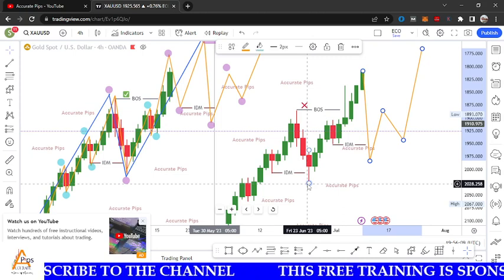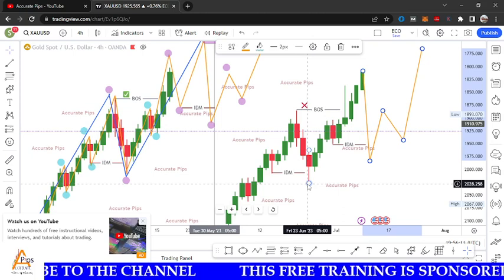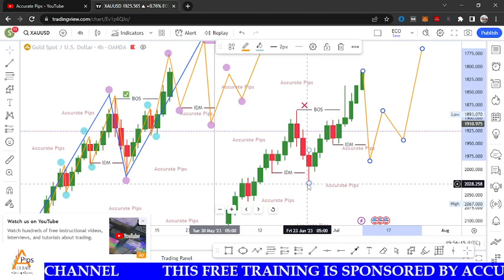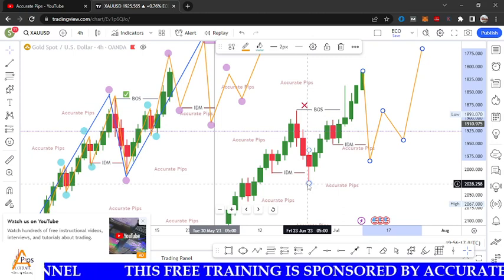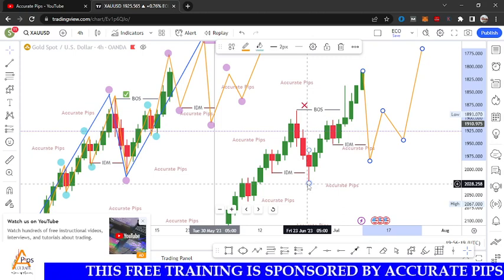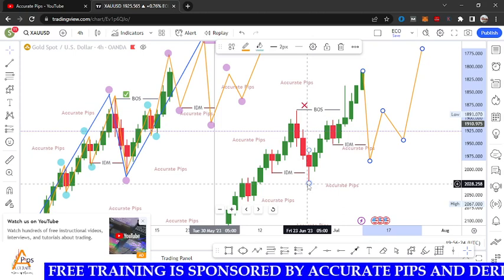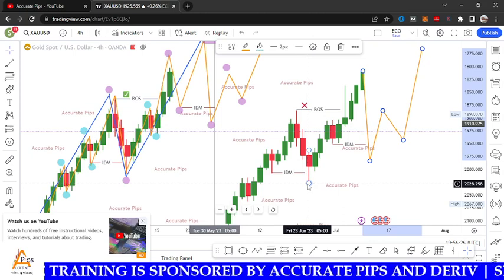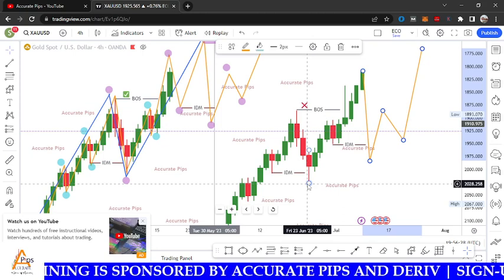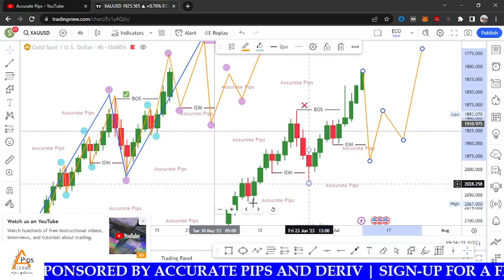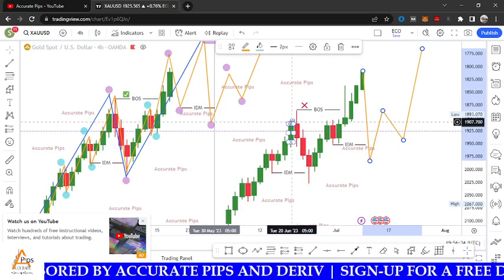And when we talk about the corrective moves or pullback, as we call it, some people also call it retracement, then we are looking at a move in a short period of time where price tries to move opposite to the direction of the impulsive movement. So if you see here, this is going opposite to this impulsive movement.